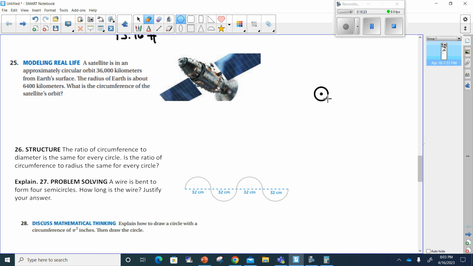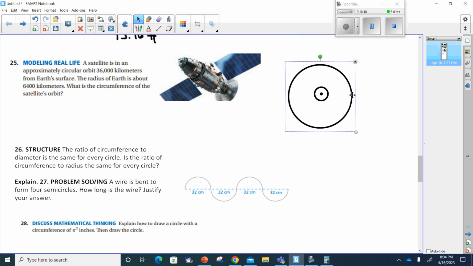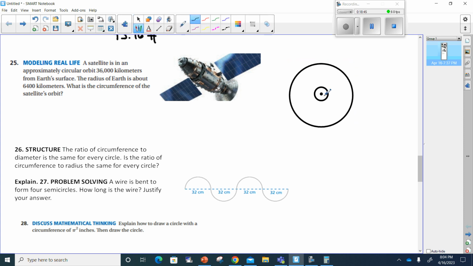So let's say this is Earth, and that's the center of the Earth. And we're going to say this is where the satellite orbits around the Earth. What they're saying is from this point to here is 6,400, because that's the radius, halfway across.